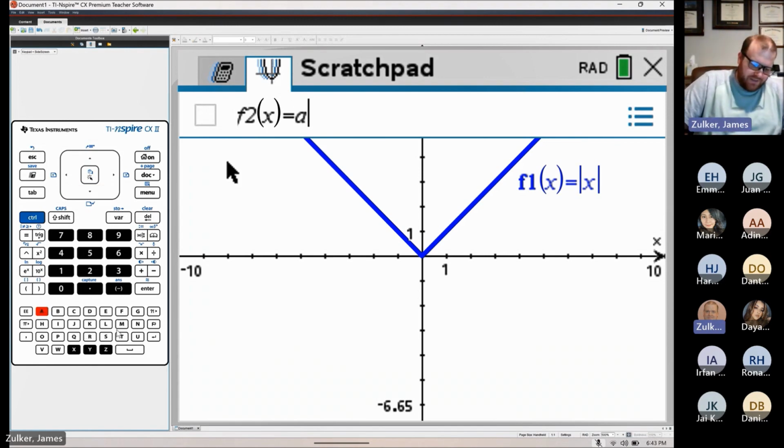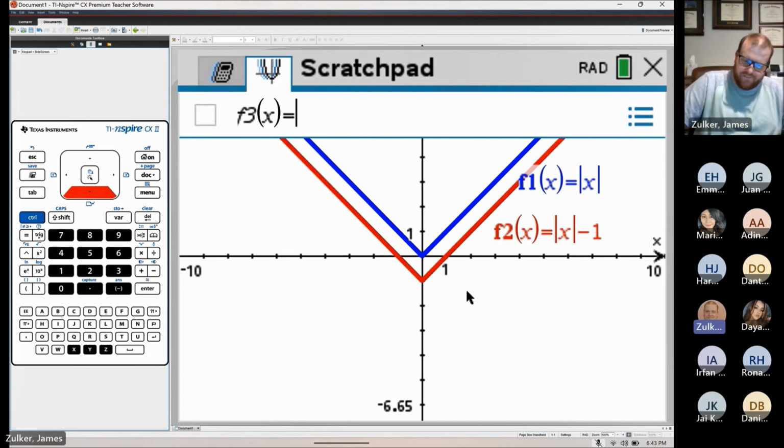Next one was absolute value of X minus 1. Then we had absolute value of X minus 2.